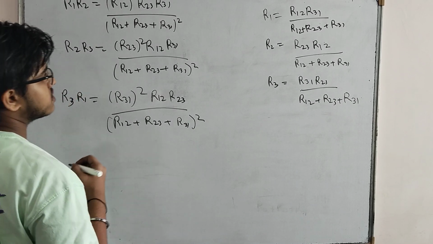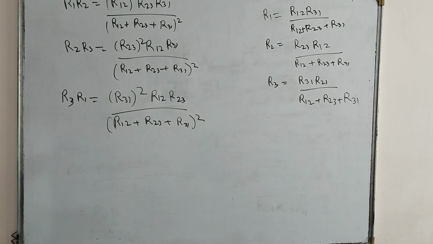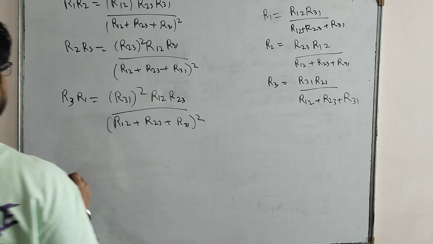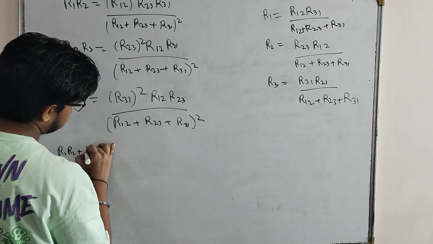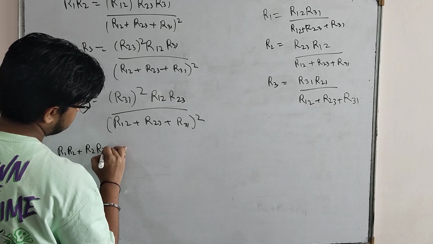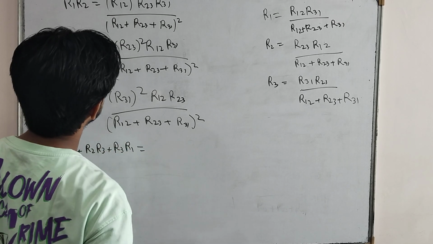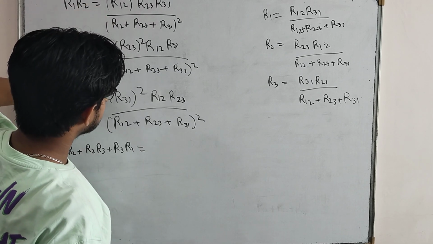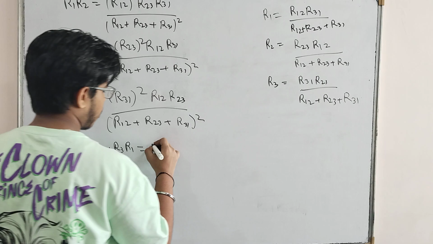So now what is the next step? In the next step we will add all three equations. So on addition of all three equations, we will get the final result as R1 R2 plus R2 into R3 plus R3 into R1, which will be equal to, when we add all these terms, we get R12 into R23 into R31 as a common thing.